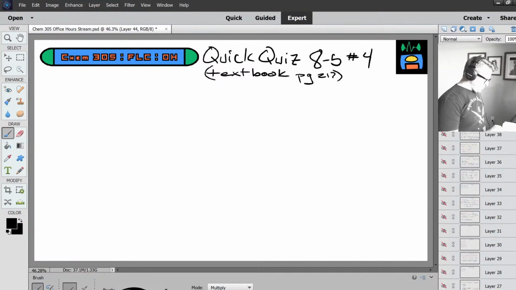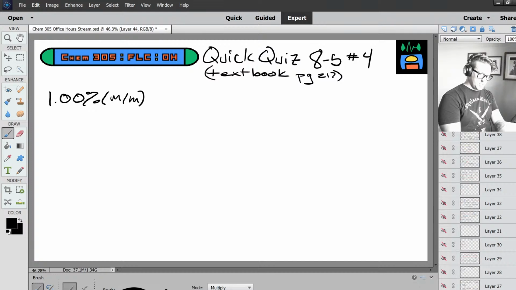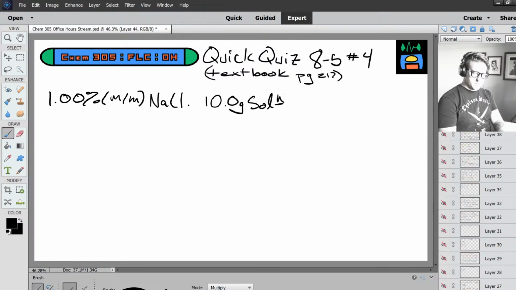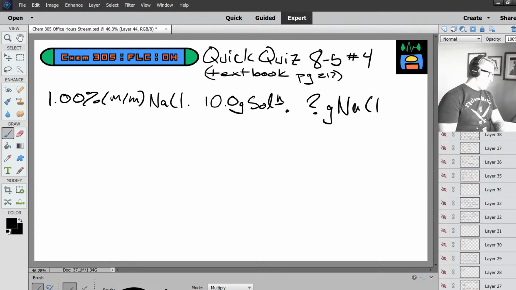The number of grams of sodium chloride present in 10 grams of a 1% mass-to-mass sodium chloride solution is... Okay, so we're told that we have a 1.00% mass-to-mass solution of sodium chloride. And they tell us that we have 10 grams of solution. And they want to know how many grams of just sodium chloride we have.